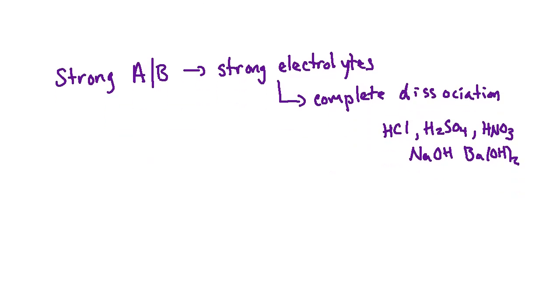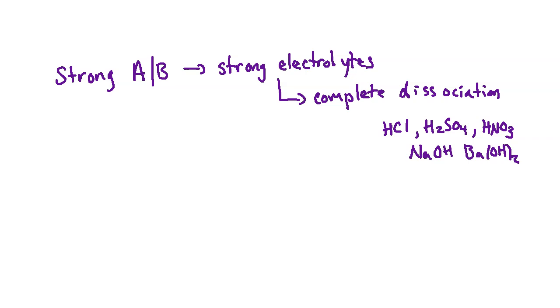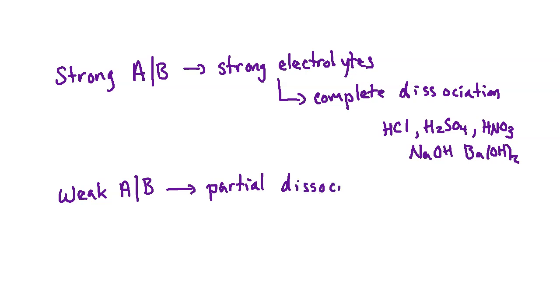Okay? So what does that mean for something that is weak then? Well, a weak acid or base, you may be able to guess based on the definition of a strong one, is any acid or base that will have partial dissociation. For instance, when we talk about things like Ksp and to what extent something is going to dissociate in solution, this is when we start talking about weak acids and bases.